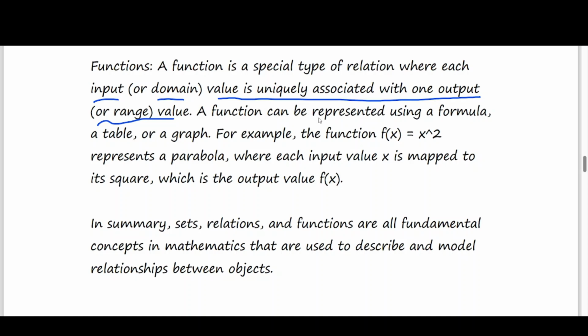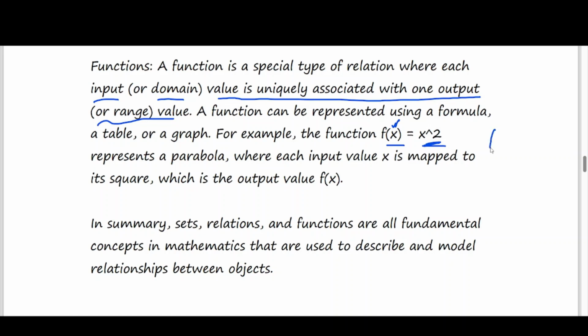A function can be represented using a formula, a table or a graph. For example, the function f(x) = x square. The value we give is the input, and the result we get when we put the value of x inside is the range, or output.